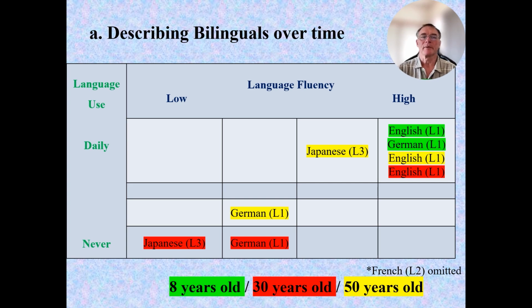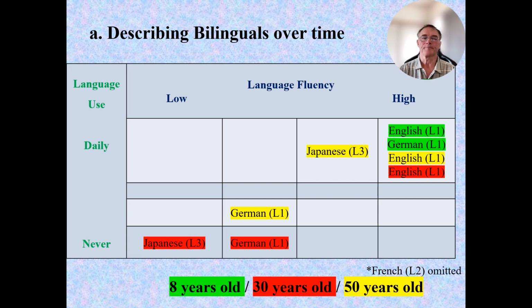On the left side, we have language use, and we can say daily language use or never using the language. On the top, we have language fluency. There's a low to high level of language fluency.